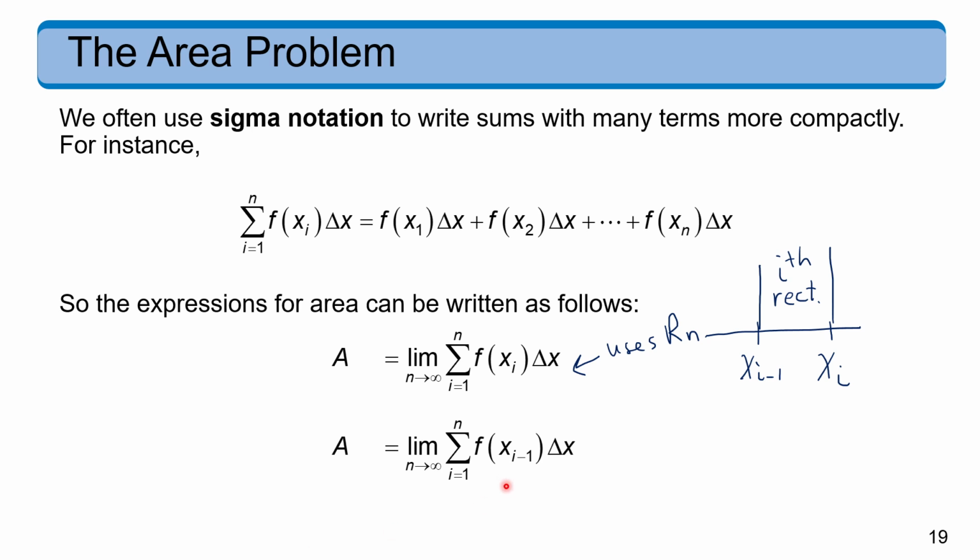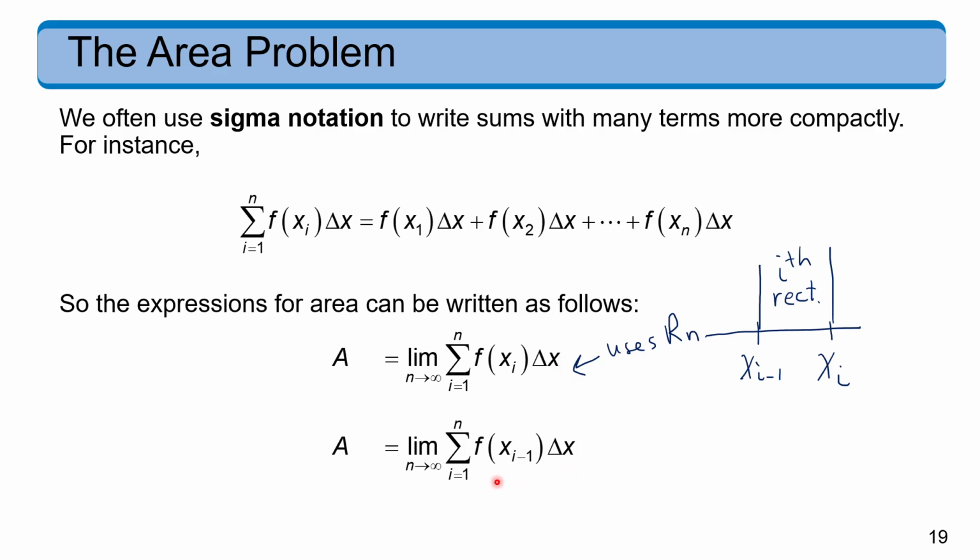Now look at the expression below. The only difference is the subscript on x. It uses i minus 1. So for the ith rectangle, x sub i minus 1 is the left endpoint. And so they've plugged the left endpoint into the function to determine the height. So this sum here, without the limit, would be L sub n.